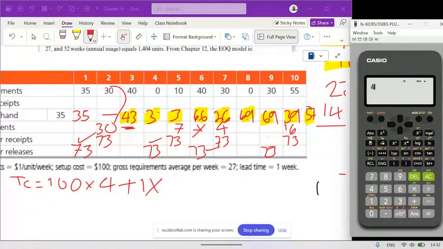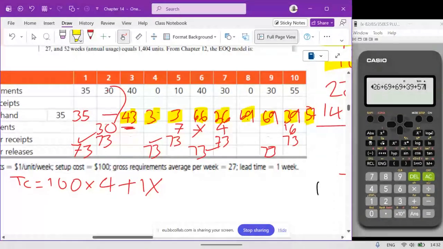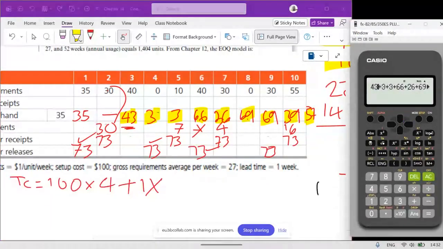43 plus 3 plus 3 plus 66 plus 26 plus 69 plus 69 plus 39 plus 57. Yes, it goes past that. You must account for it. 43, 33, 66, 26, 69, 69, 39, 57. We have 375.